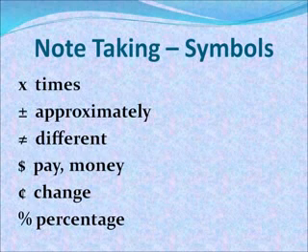Here we continue down the list. We have some more symbols, the times, the more or less, the different, the number sign, the money sign, which we can see here that we can use as a verb and as a noun. We have change, percentage.